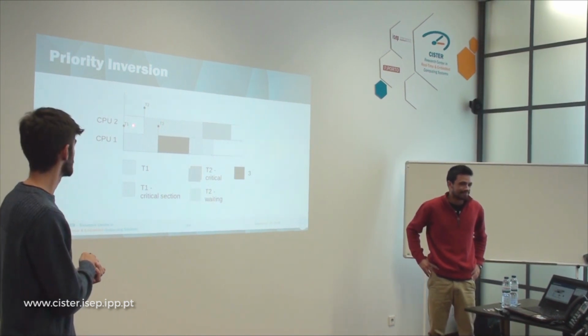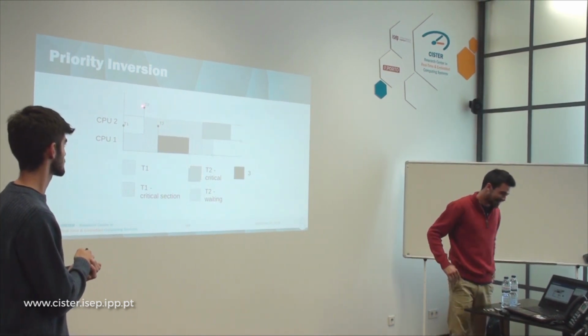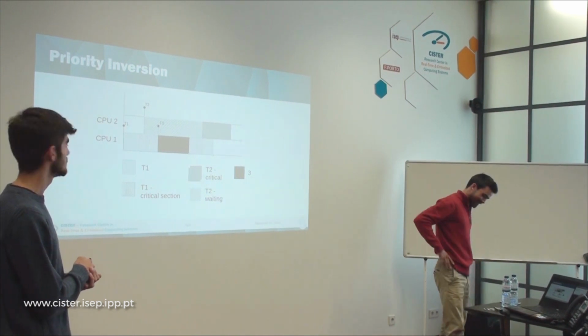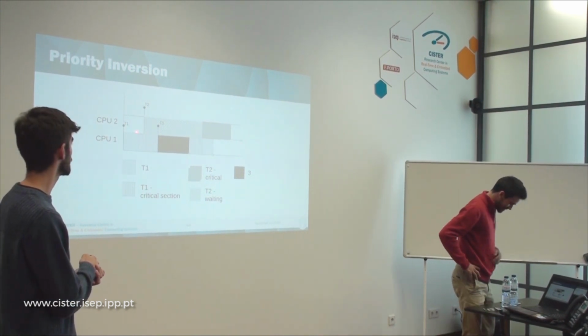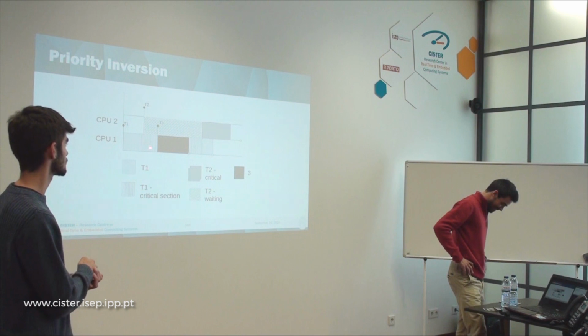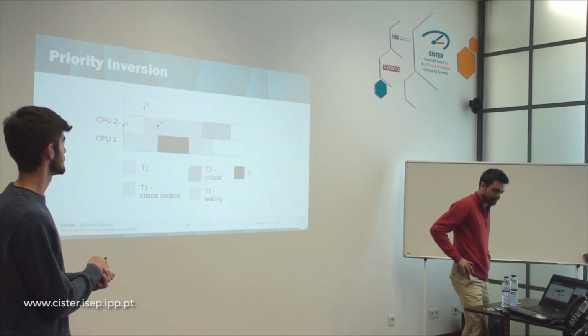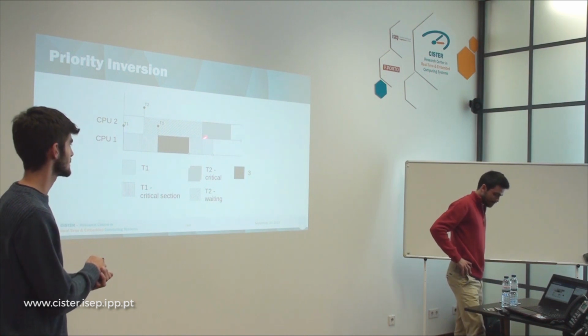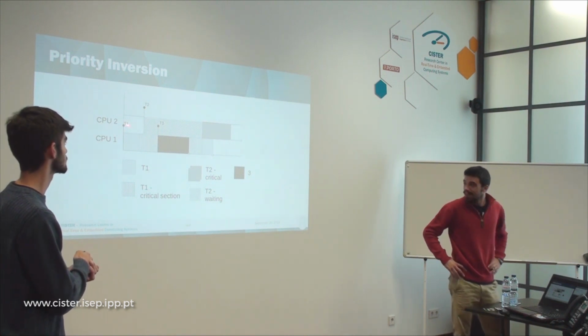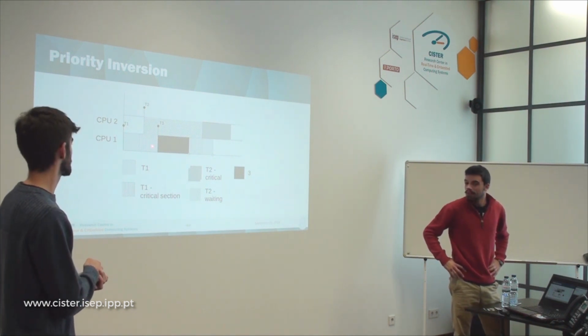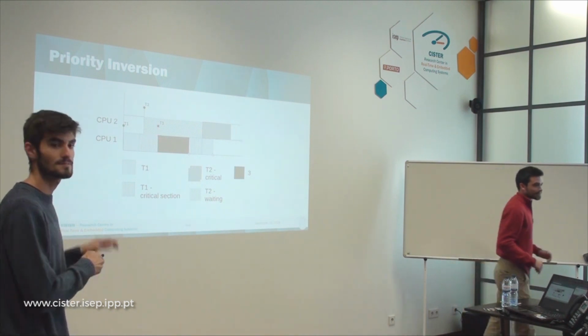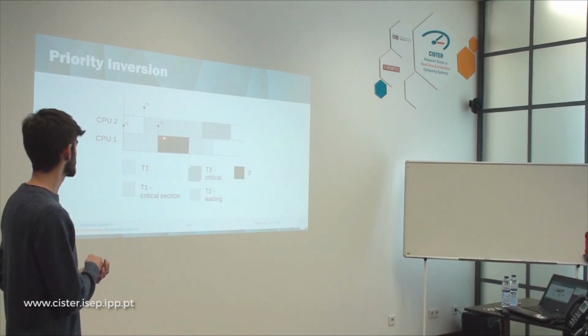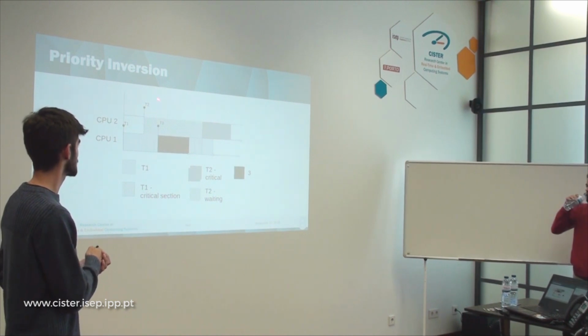So when the higher priority task reaches the CPU, it has to wait for the lower priority task to execute its critical section. This is not very well represented, but these critical sections are shared amongst these two tasks. And by being preempted here by a medium priority task, this stops completely.